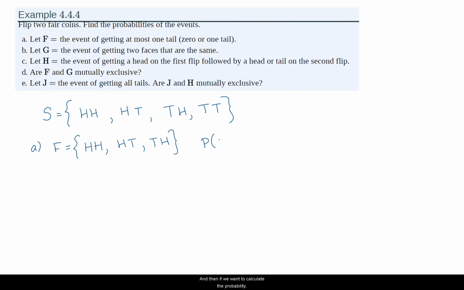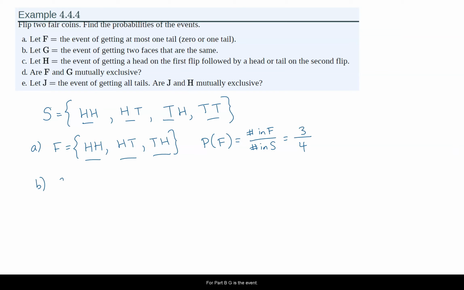And then if we want to calculate the probability of F, just like before, number of outcomes in F over number of outcomes in S, 3 in F, and 1, 2, 3, and 4 in S. Our probability for event F is 3/4.